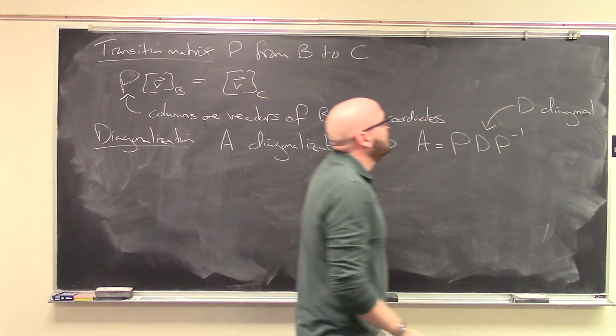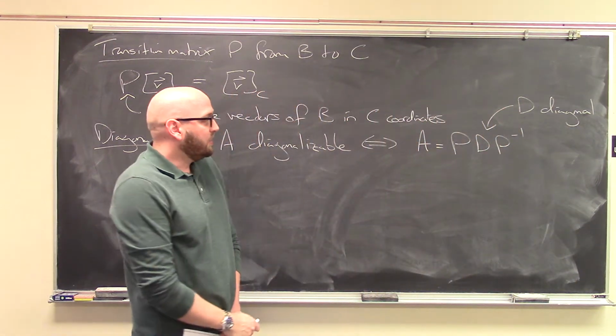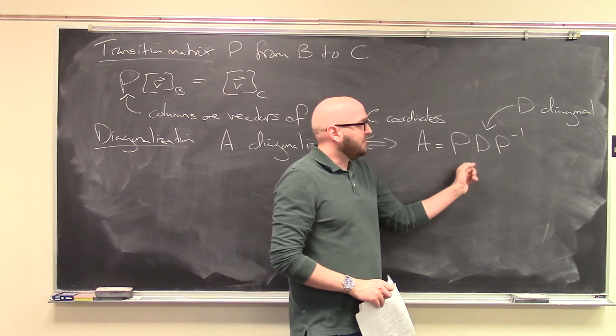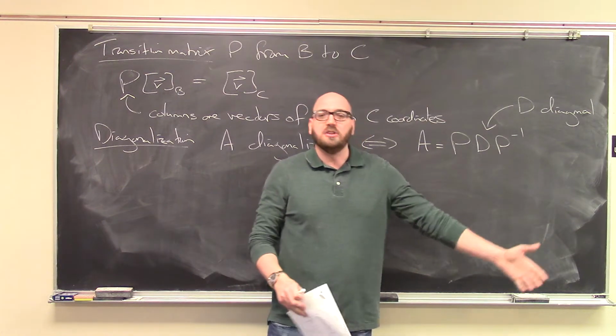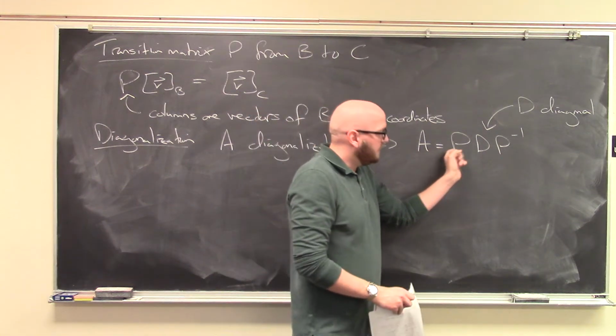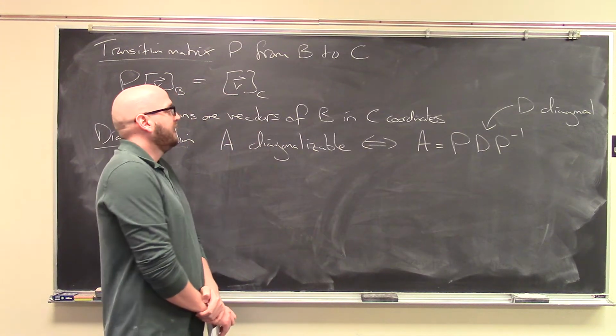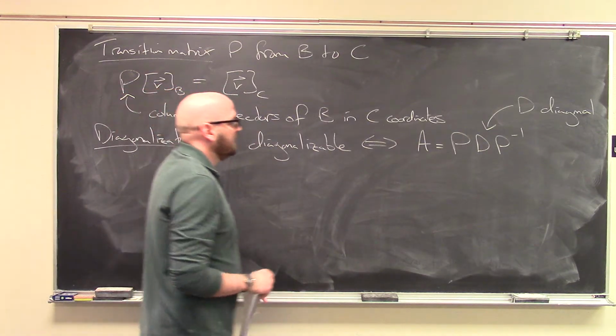So A is diagonalizable if it can be expressed in this way. It's almost diagonal, but it's off from being diagonal by this conjugation process. I've got to left multiply by P, right multiply by P inverse, whatever P actually is. All right, so there's our definition.